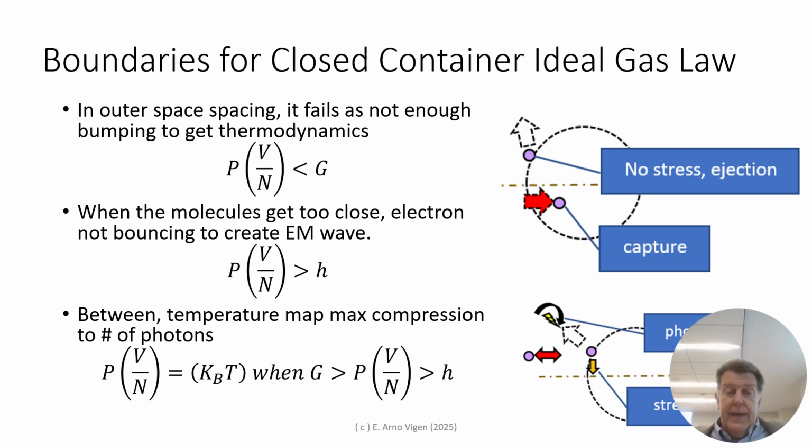And this is how you get a better understanding of the form here, the HemiChem version of the closed container ideal gas law: B times V over N equals Boltzmann's constant, k over B, times temperature, T. But that only applies within these boundaries.